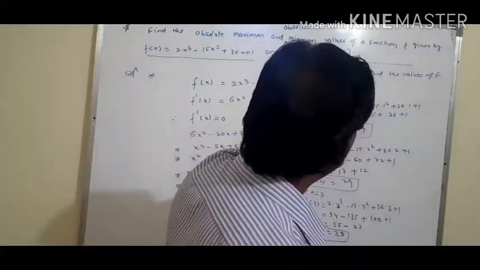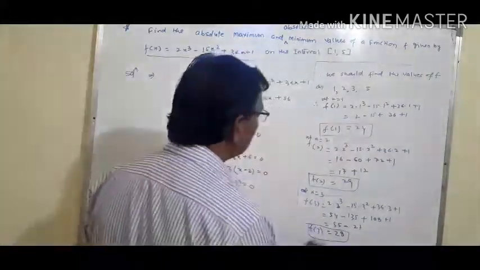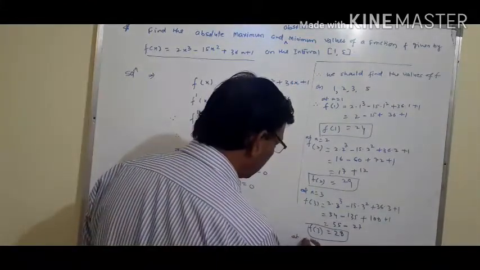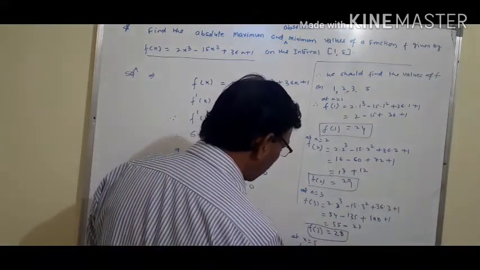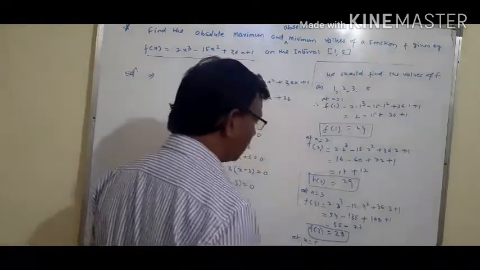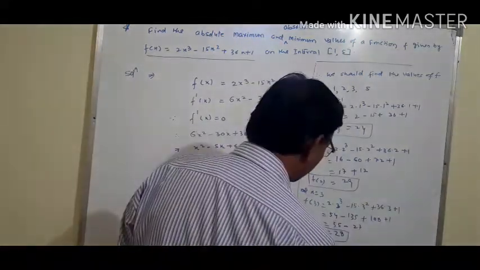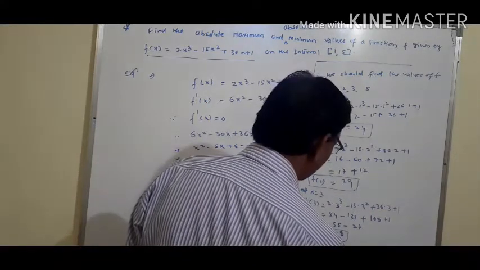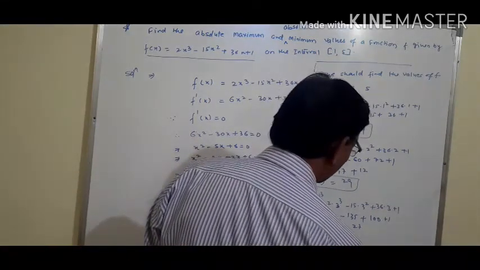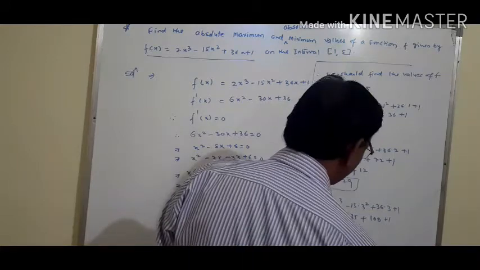Now one value left, at x equal to 5, f of 5 equal to 2 into 5 cube minus 15 into 5 square plus 36 into 5 plus 1.